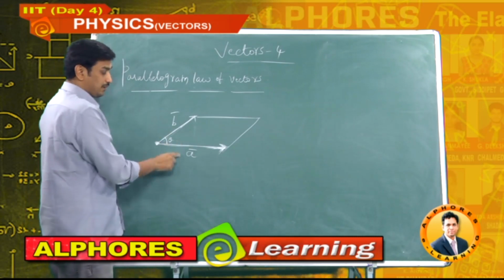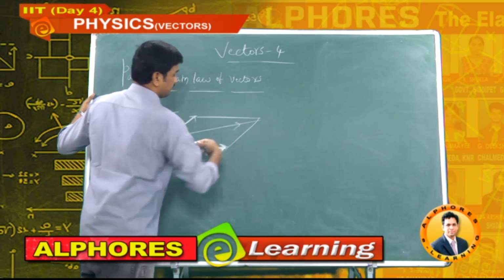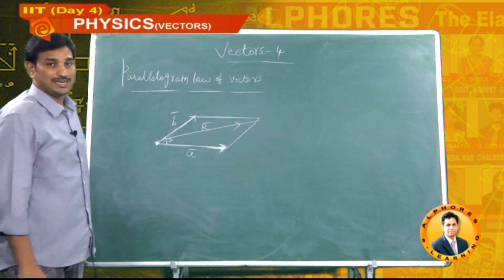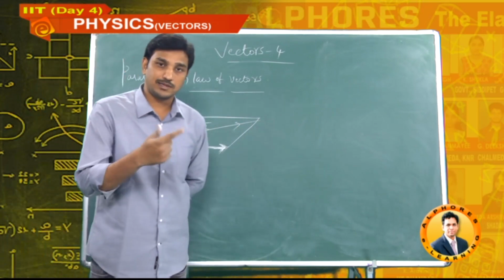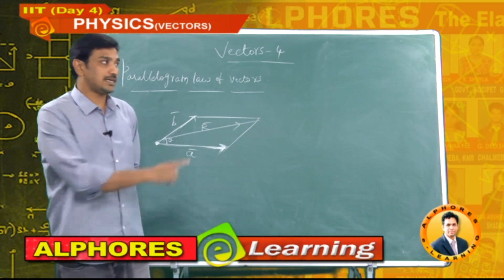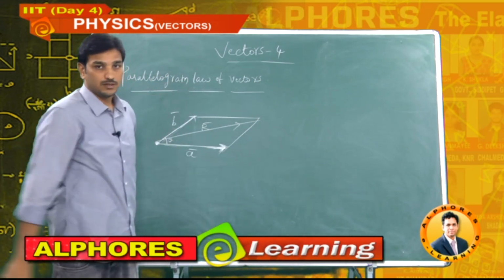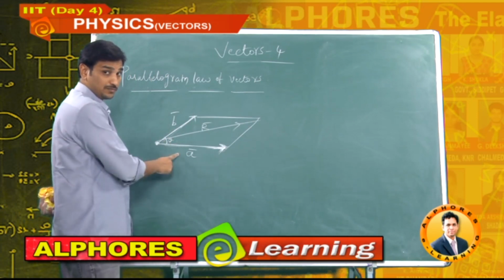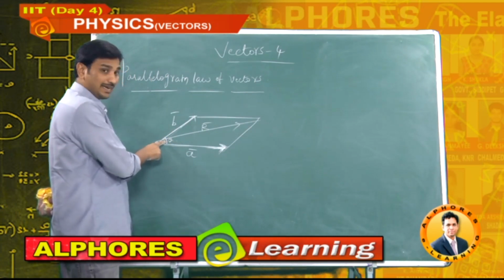Where is the resultant of A bar and B bar now? The diagonal. This is the resultant of A bar and B bar. Previously, A bar and B bar represented two sides of a triangle, and the closing side is the resultant. Now in the case of parallelogram law of vectors, two sides of the parallelogram represent two vectors and these two have some angle theta.